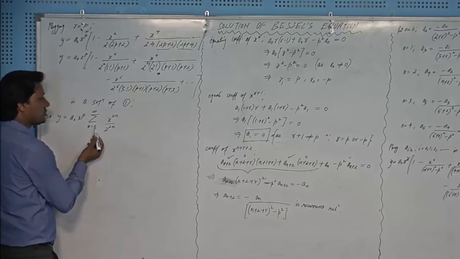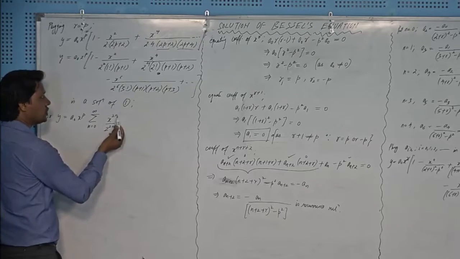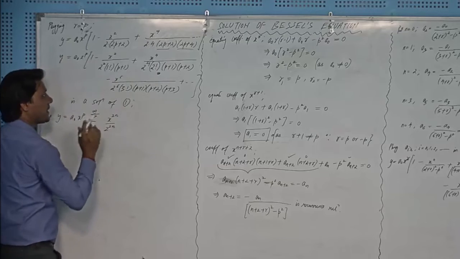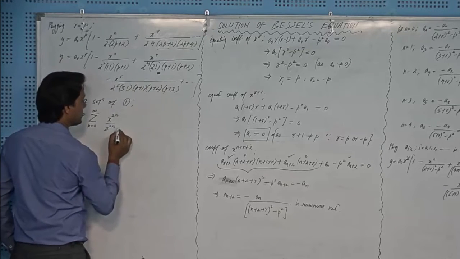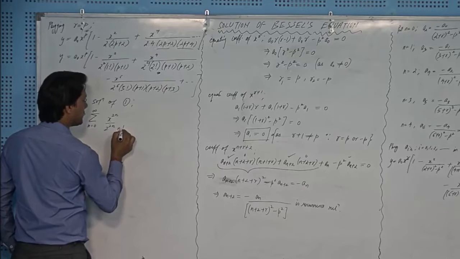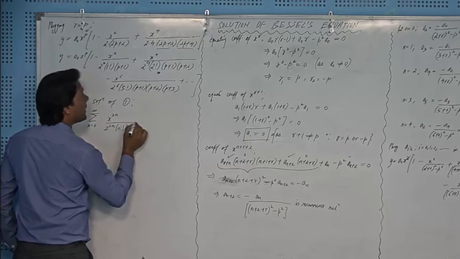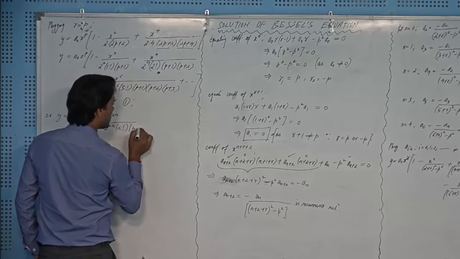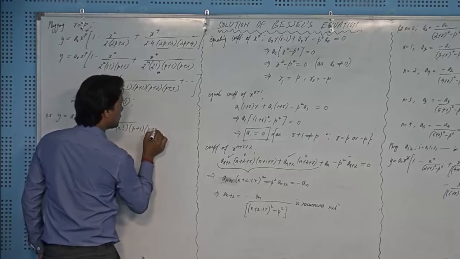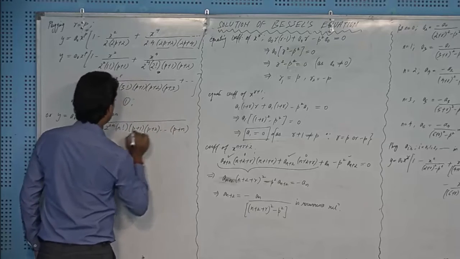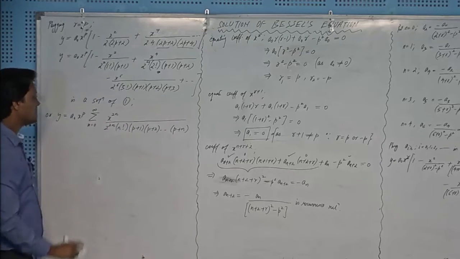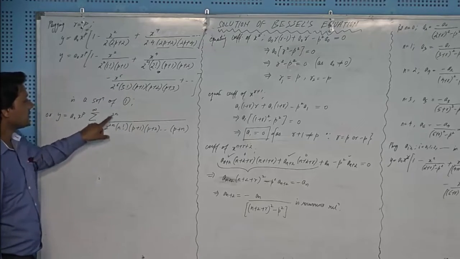If you put n equal to 2, you will get this term, right? And see here, this is 2 factorial. It indicates that this should be n factorial. And this p plus 1, p plus 2 will run up to p plus n. You can verify that by putting n equal to 0 in this whole term.